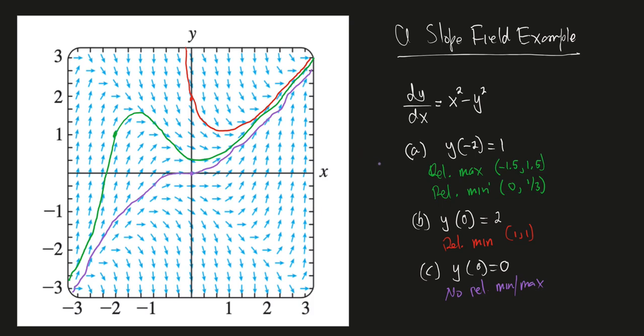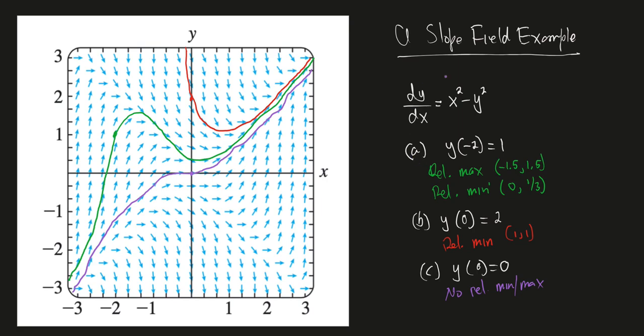Now if I wanted a broader window, then I would have to adjust my settings in whatever software I use to generate this. But I just wanted you to see what a slope field looks like and how it can be used quite easily to create pretty detailed sketches of solution curves without actually knowing what the equation is.